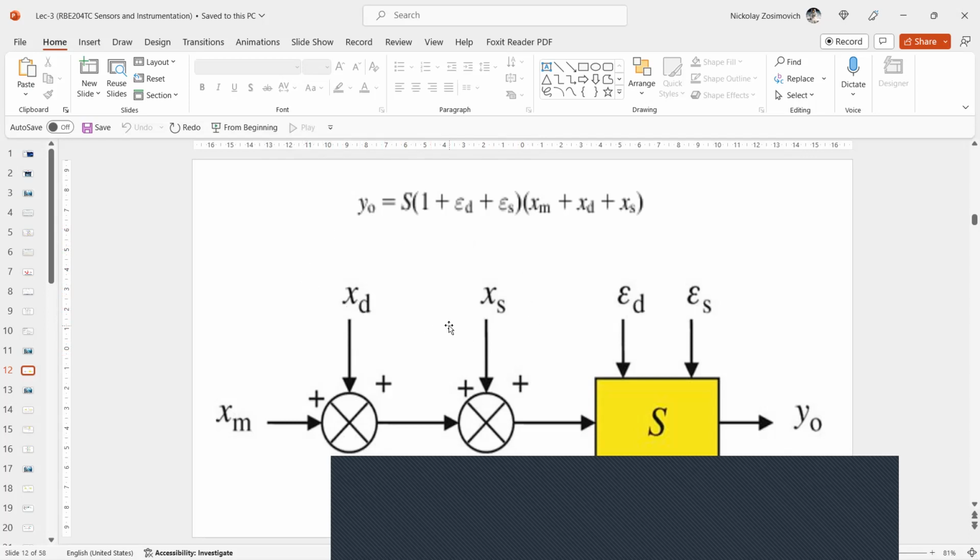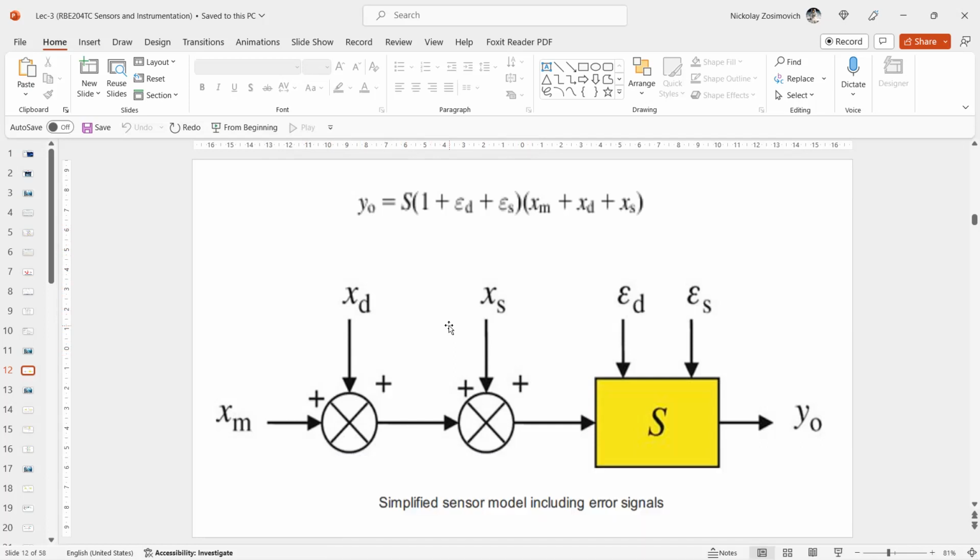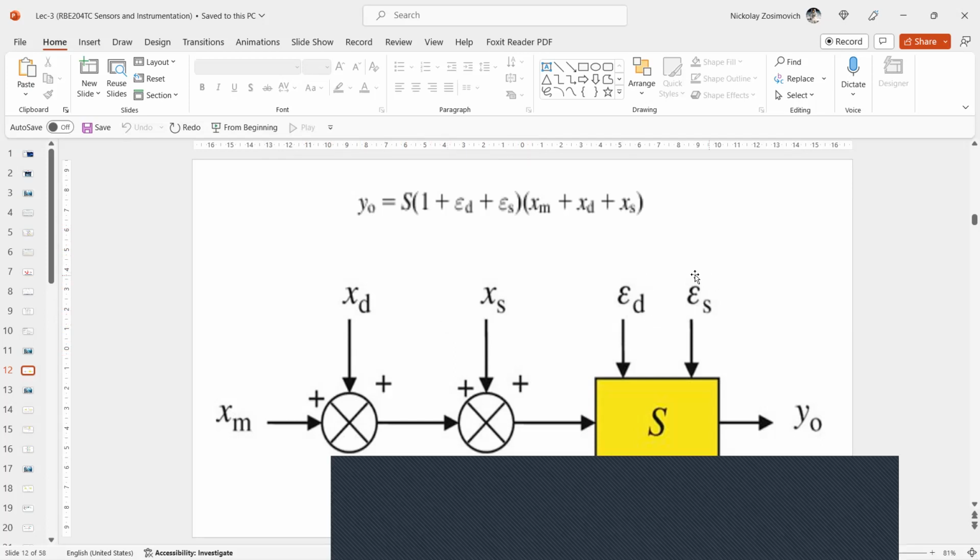They model all kinds of interference from the environment and the equivalent error signals due to system offset and noise. Okay? The error inputs epsilon D and epsilon S represent multiplicative errors. These signals affect the sensitivity of the sensor.